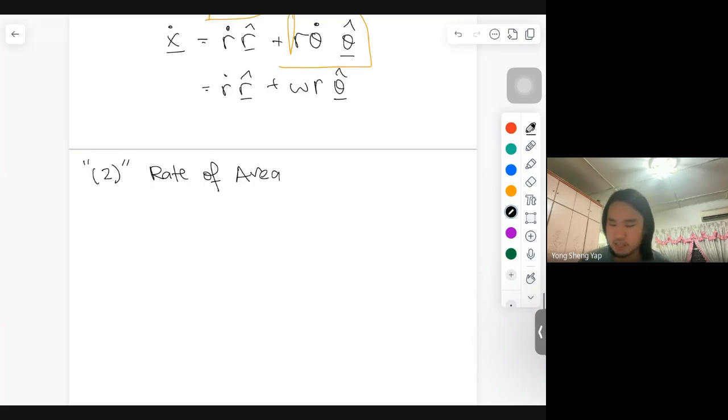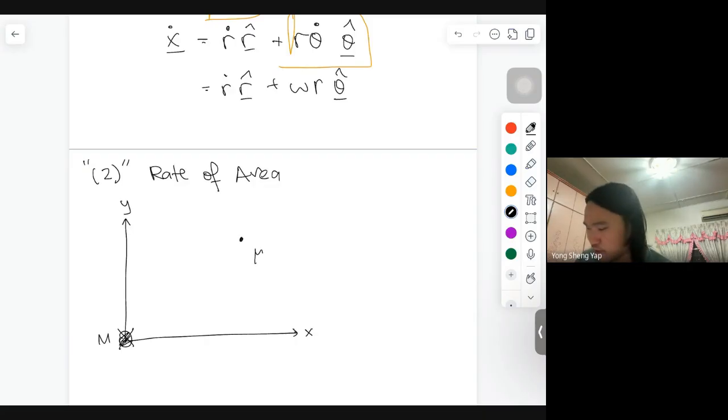But basically, if we redraw the system again, with the center of mass fixed at the origin, and the reduced mass here, at some point, if it has some velocity x dot, this reduced mass will start to trace out a curve.